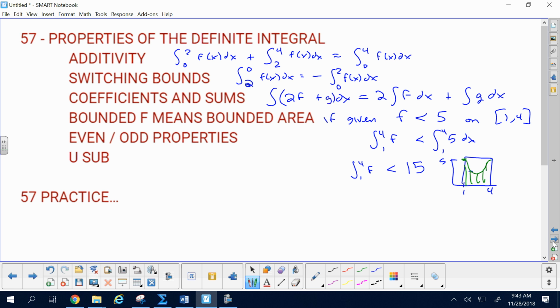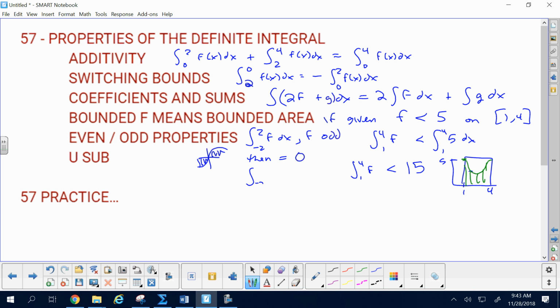Okay? Even odd. If you went from -2 to 2 and f is odd, then what must it equal? 0. And that's because odd functions have symmetry about the origin. So it's the same on either side, but one side's negative, so that integral must be 0.